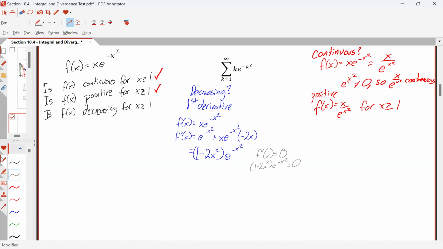We already said e to the negative x squared is never 0. So we're just looking at 1 minus 2x squared equals 0, which is when x is plus or minus the square root of 1/2.